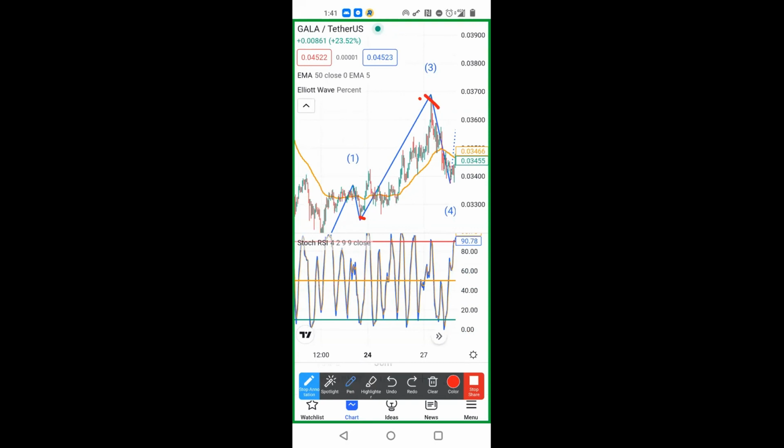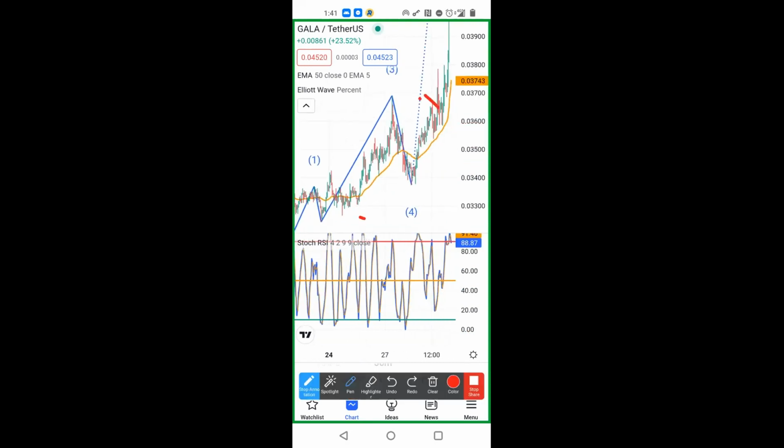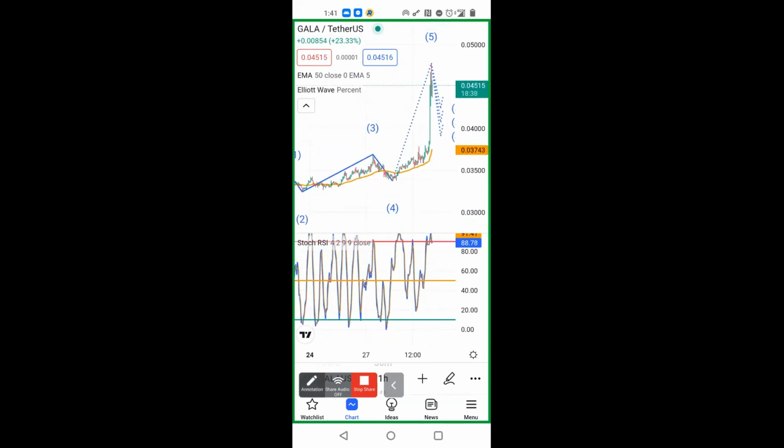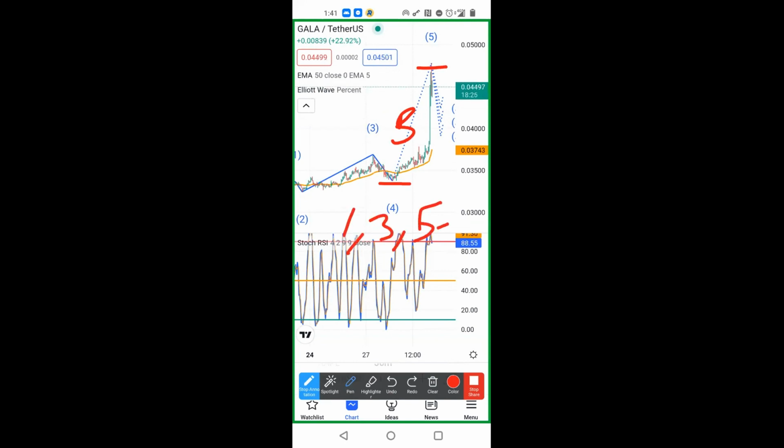There is main wave 4, which starts from 3 up here to 4, and it is bearish. And there is main wave 5, which starts from 4 to 5, and it is bullish. In short, wave 1, wave 3, and wave 5 are bullish.